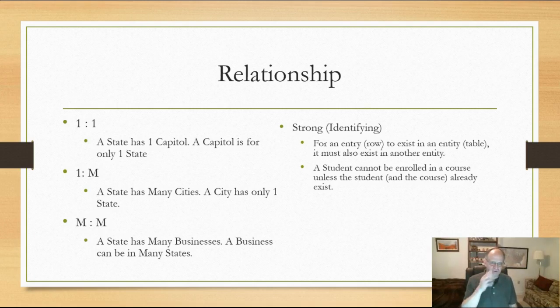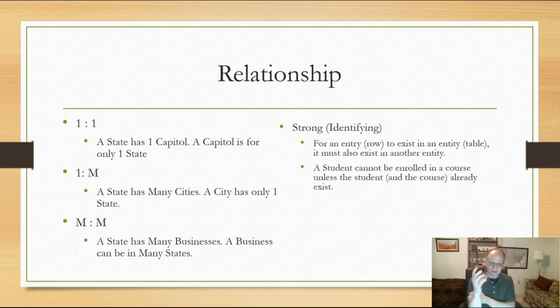But be aware that there are things called strong relationships. A strong relationship says, I cannot have a row in this table that relates to a row in that table unless it exists in the other table.